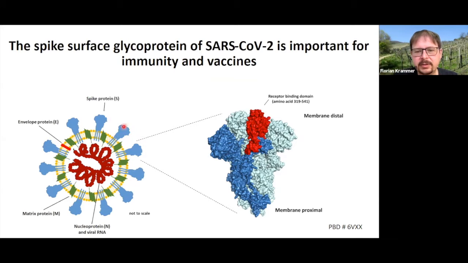This spike protein is used by the virus to dock onto our cells. Specifically, here is a crystal structure of this spike protein, specifically this red part here, which is called the receptor binding domain. So this interacts directly with ACE2, which is a protein that our cells express. And then the virus can actually bind to that and enter the cells.